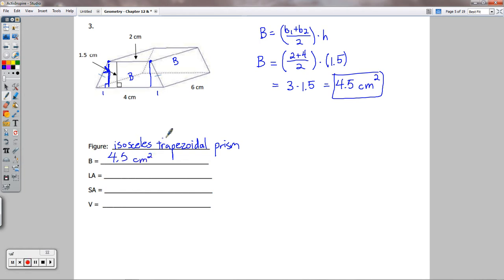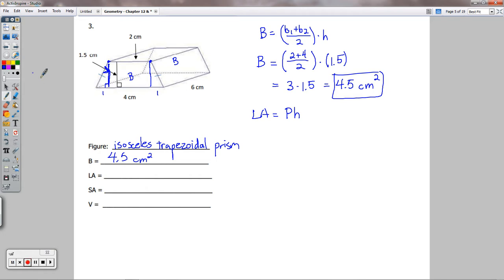So now that I know that, I can find the lateral area, or the surface area. Actually, lateral area, I don't even need that part. So I'm going to do the perimeter of the base times the height. So the perimeter of the base, here's where I do need to know that this is 1 and this is 1. Because to find the perimeter of the base, I need to add 4 plus whatever this is, plus 2 plus whatever this is.